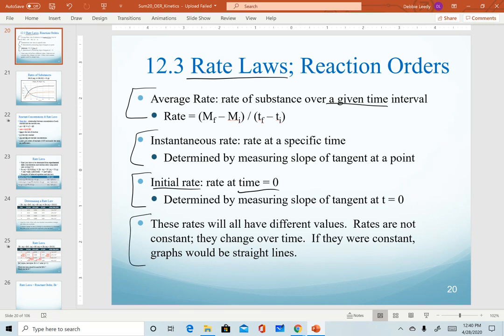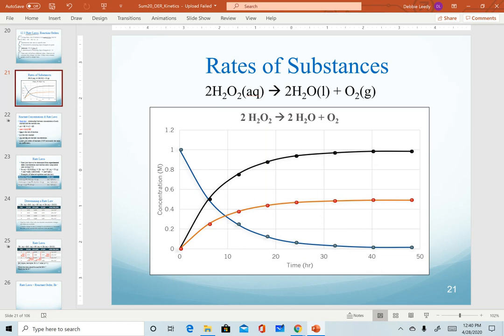All of these rates will have different values, and so it is helpful to report how we're calculating rates so that we know what to expect and how those might change. Again, before we get into specifics, we're back to our graph for the decomposition of hydrogen peroxide.